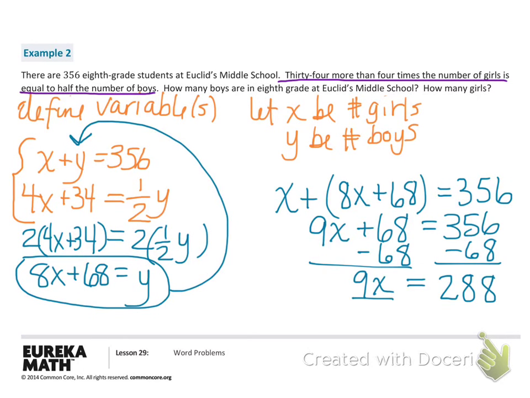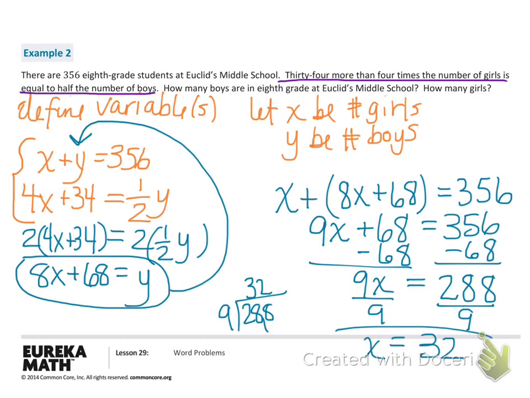And then we need to divide both sides by 9. Okay, and I know this is divisible by 9 because the digits add up to 18. So 288 divided by 9 gives me 3, 27, 18, 2, 32. So x is 32. Okay, so once I know the number of girls, so the number of girls is equal to 32.